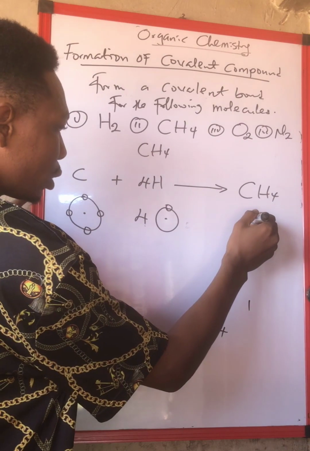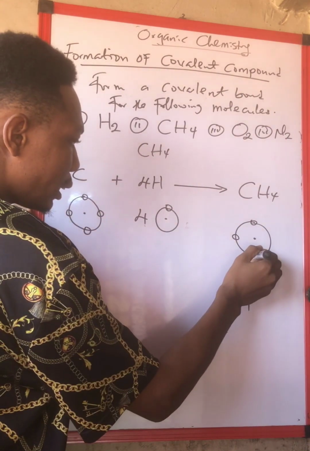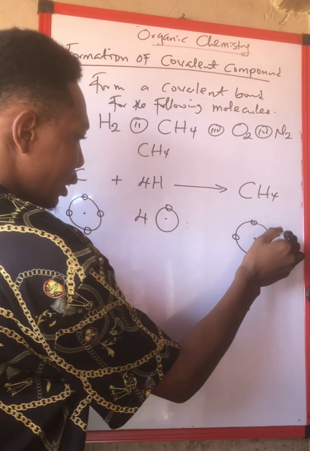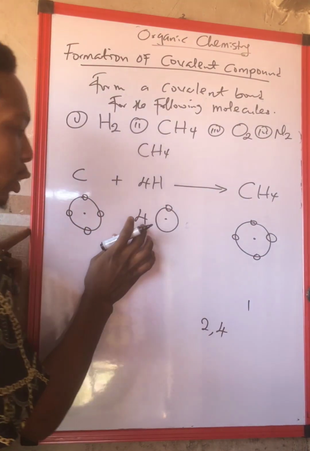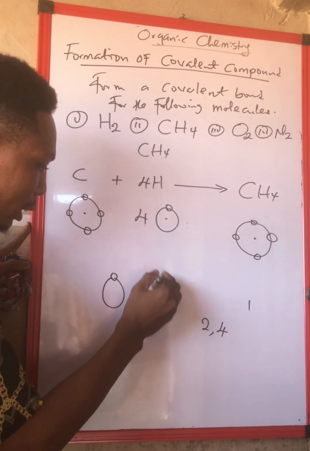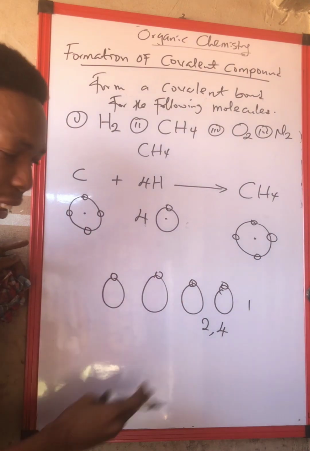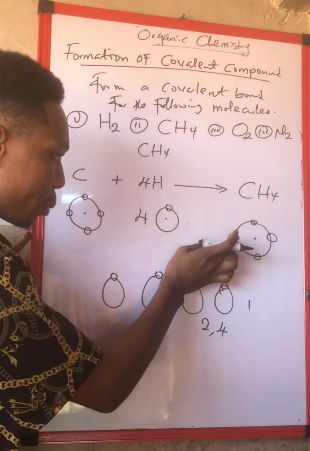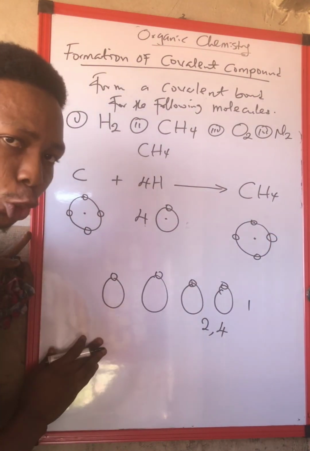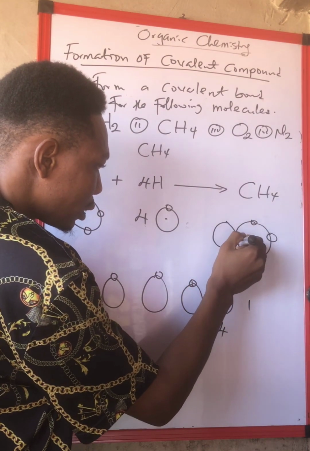This simply means that you have carbon with hydrogen, hydrogen, hydrogen, hydrogen in 4 places. Each of them will be coming and bonding with this electron.